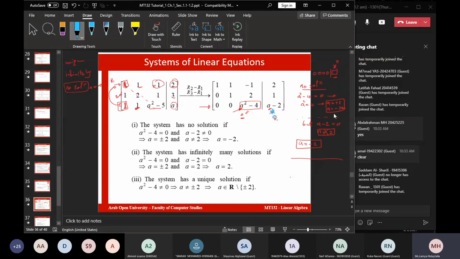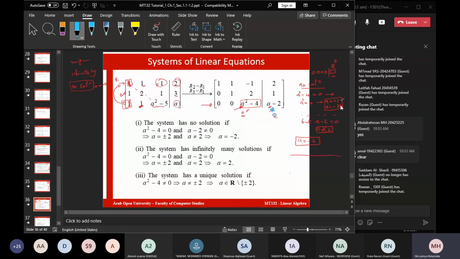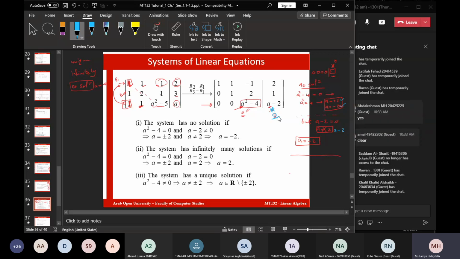Already I did it here: this is equal to 0 at plus 2 and minus 2, but this equals 0 only when a equals 2. So the only way for this to be 0 and this 0 is when a is equal to 2, so I will have infinitely many solutions when a is equal to 2. Okay.